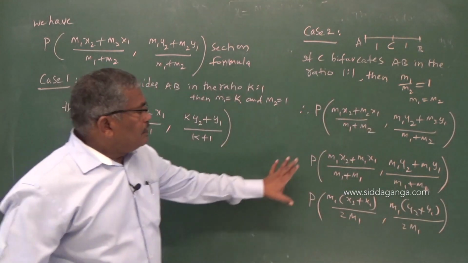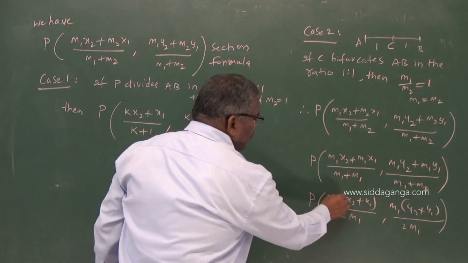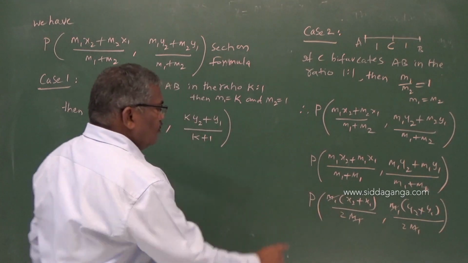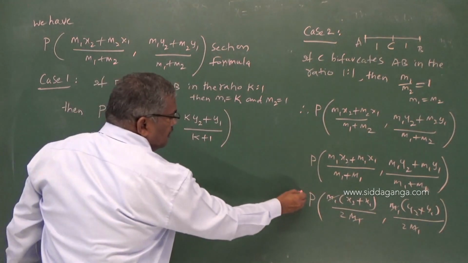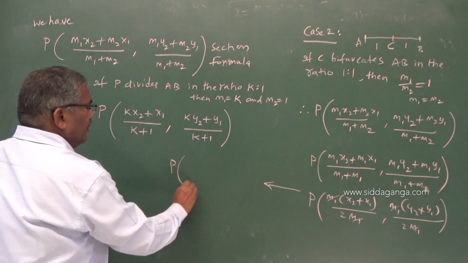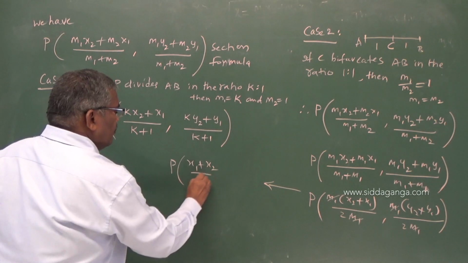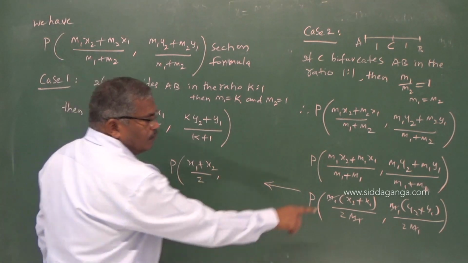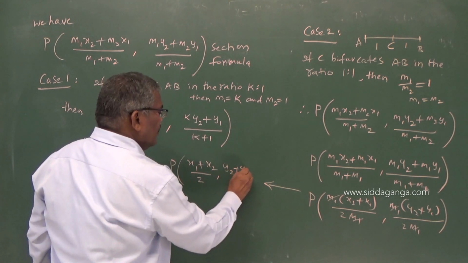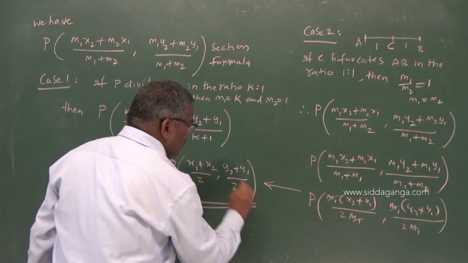No M2 in this. All M2 have become M1. So now M1 cancels. Please note this, finally it will be (x1 plus x2) divided by 2, (y2 plus y1) divided by 2. So the equation is reduced to this form.